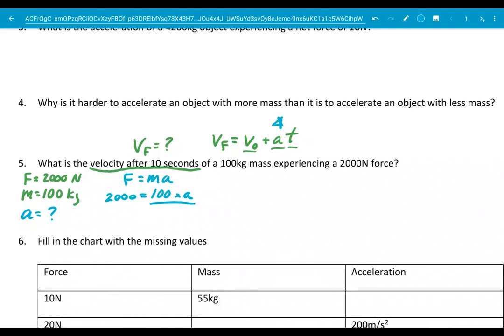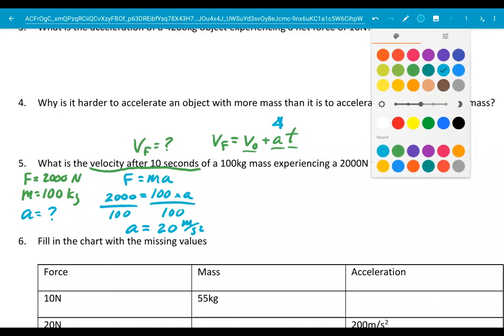So we'll divide both sides by 100 to get the a by itself. Right? 2,000 divided by 100 gives us an acceleration that is equal to 20 meters per second squared. That means every second we'll be speeding up 20 meters per second.